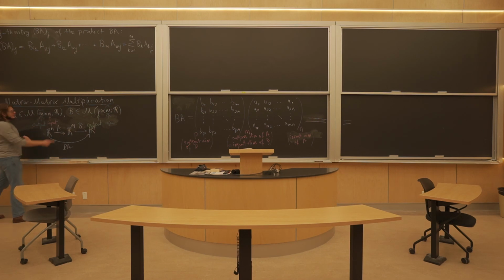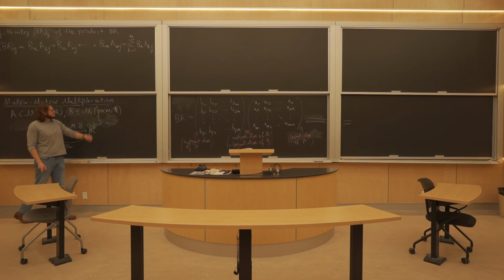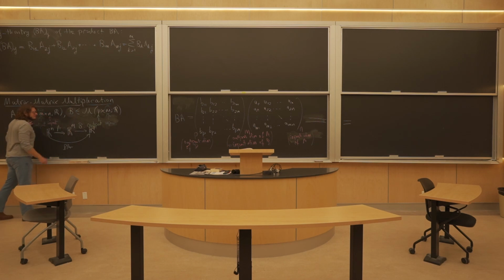In order for BA to be defined, it has to be the case that the output dimension of A matches with the input dimension of B. So whatever A outputs, you can feed back into B to keep going. Okay? So whenever this happens, B times A is defined.